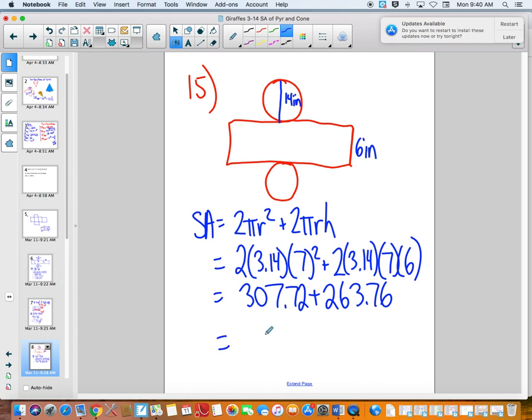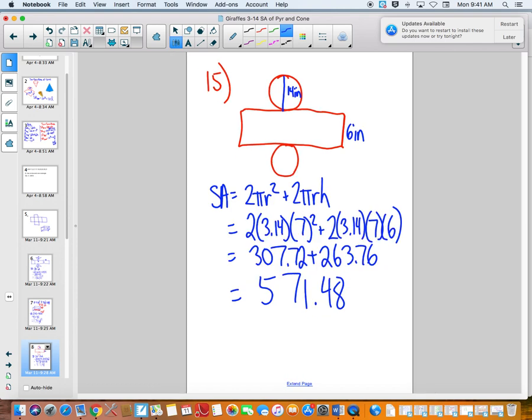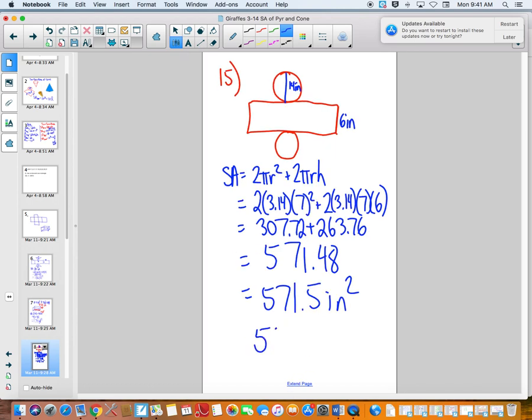And I'm guessing, oh, they rounded to the nearest tenth. Now, if I'm using 3.14 instead of the pi button, I'm getting this. So rounded to the nearest tenth, I would get that. And what the book rounded to was that. Either answer would be okay.